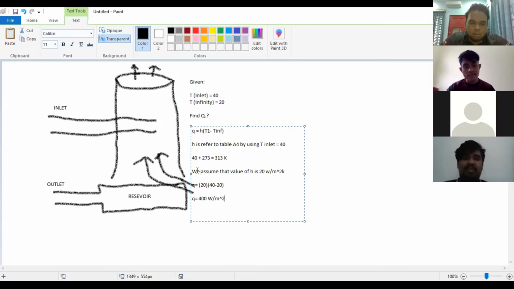For our group, we assume that the value of h is 20 watts per meter squared K.